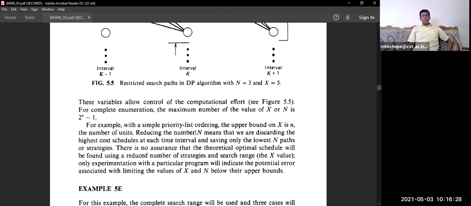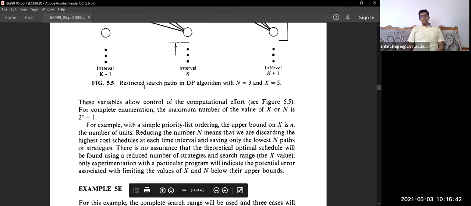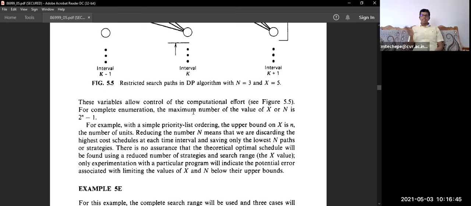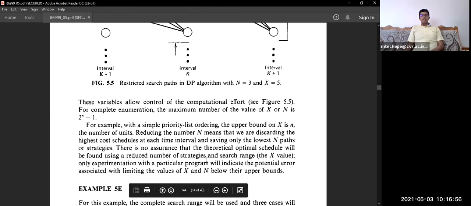Reducing the capital N means that we are discarding the highest cost schedules at each interval of time and saving only the lowest N paths or strategies. So we are neglecting the higher cost and choosing only the low cost paths or strategies, such that there is no assurance that the theoretical optimal schedule will be found using a reduced number of strategies and search range.